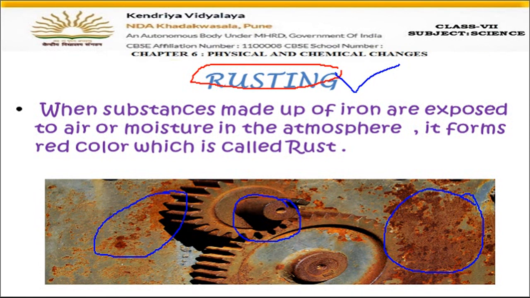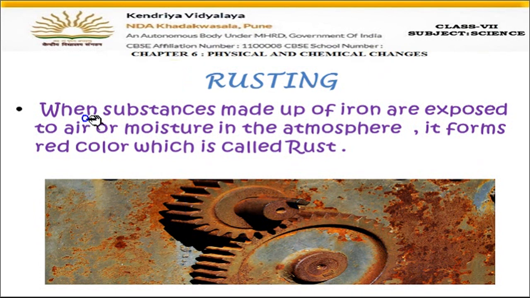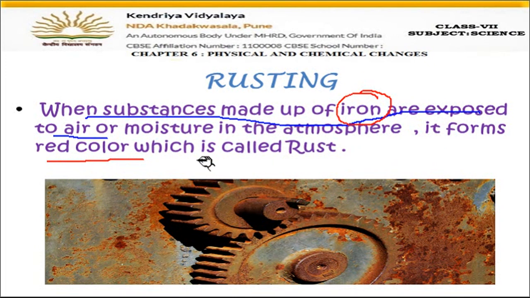So let's see the definition. When substances made of iron are exposed to air, like if any substance made of iron is kept in the open air or moisture in the atmosphere, it forms a red color coating on it. That red color coat is known as rust.